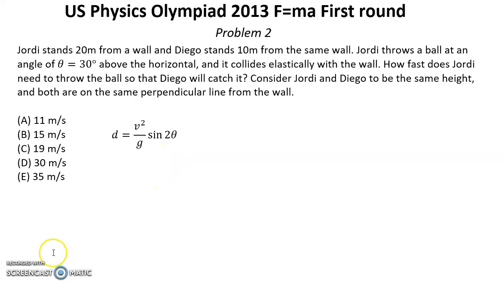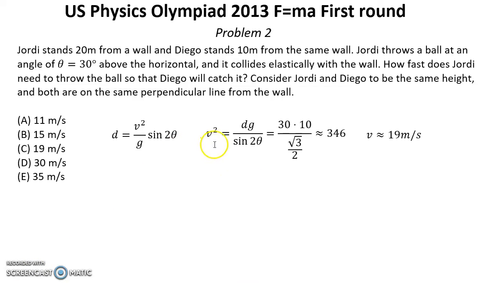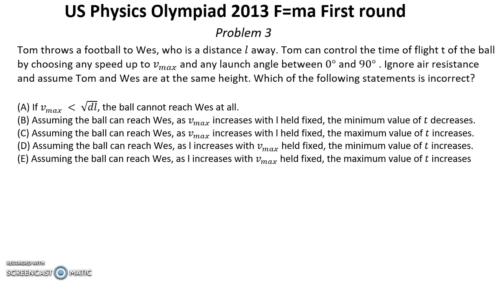From here we can find the speed. V squared equals d multiplied by g over sine 2 theta, or after putting in numbers we finally have a speed of around 90 meters per second. That's answer C.